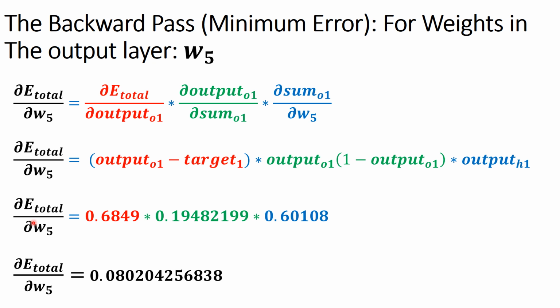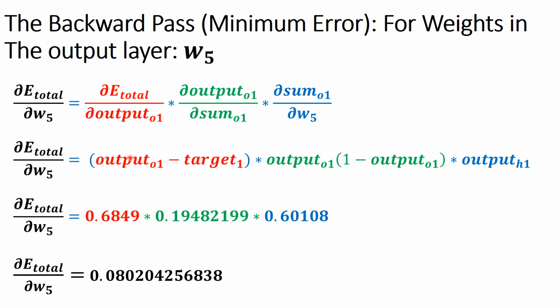Now we put all together. Partial E total with respect to W5 equals partial E total with respect to output O1 multiplied by partial output O1 with respect to sum O1 multiplied by sum O1 with respect to W5.